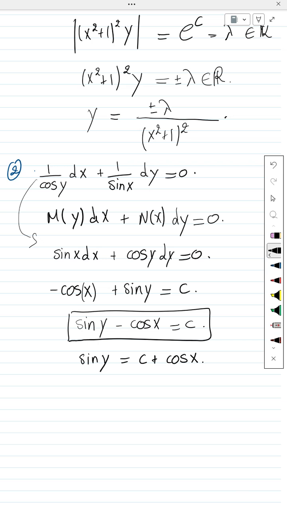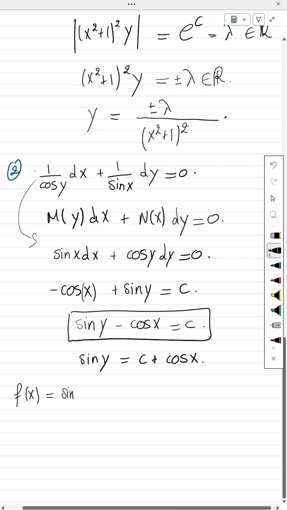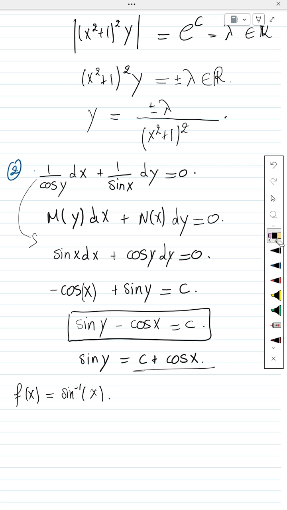We need to see if this quantity belongs to minus 1 and 1, since we use the function inverse of sine x. This is not necessary, since they didn't say to find the domain of definition or something. We can keep it as it is, and this is our solution.